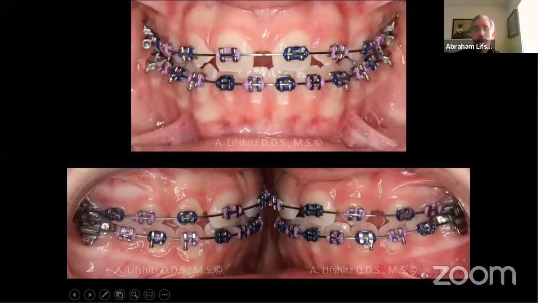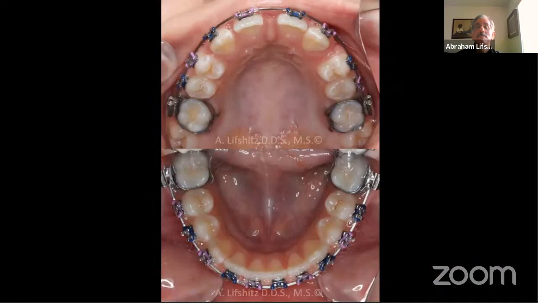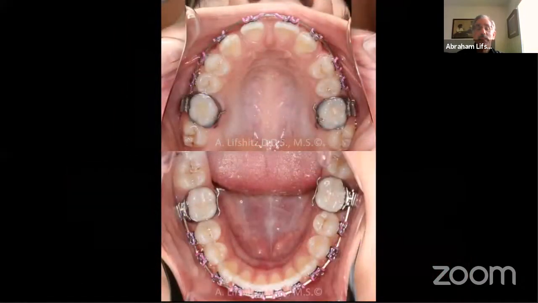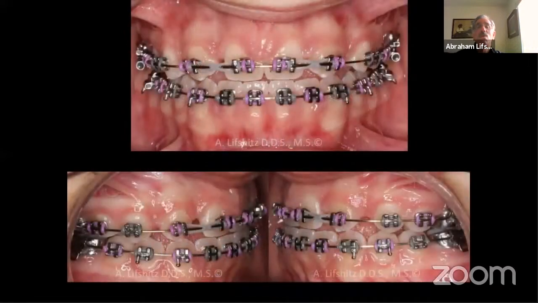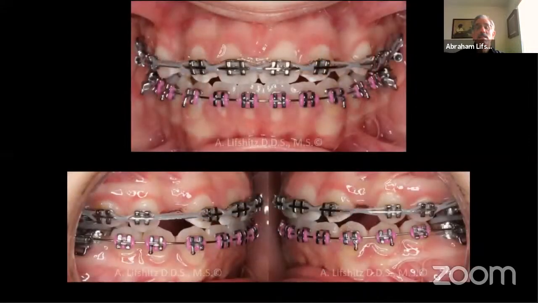We started leveling both arches, closing the diastema between the central incisors, then bringing the canines into the lateral position, and then bringing the whole maxillary arch.